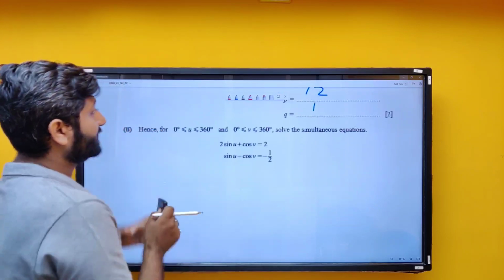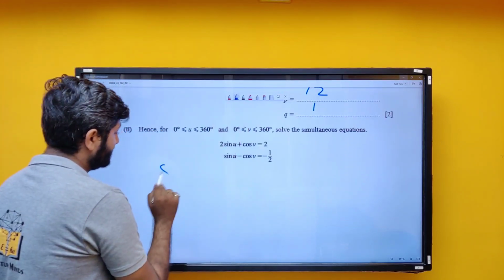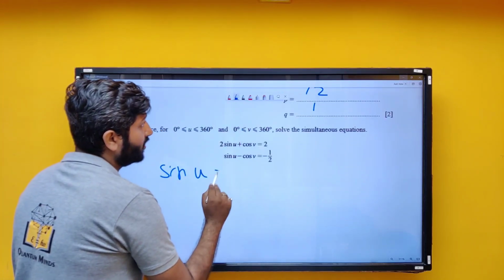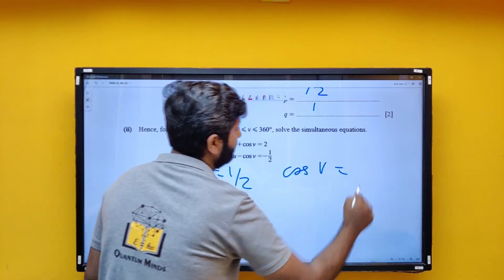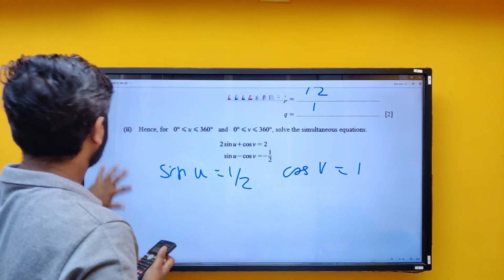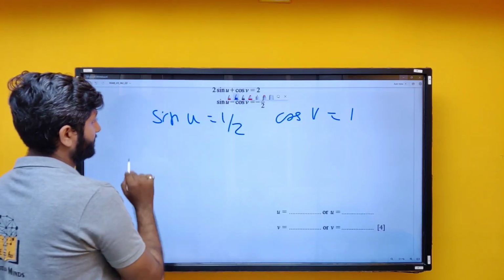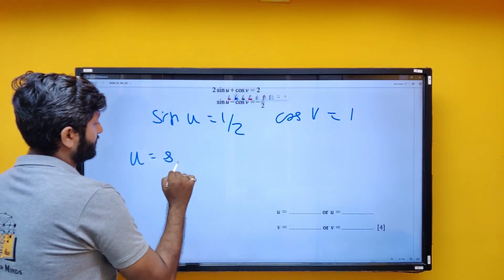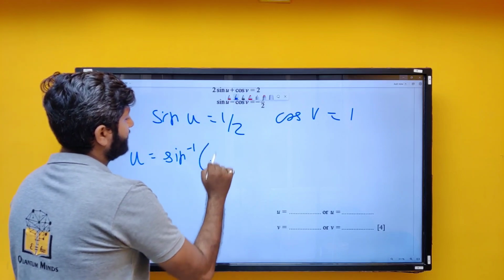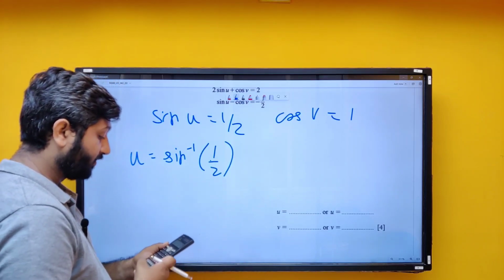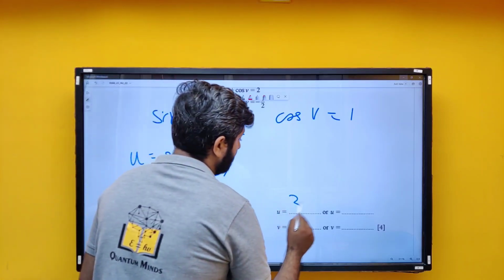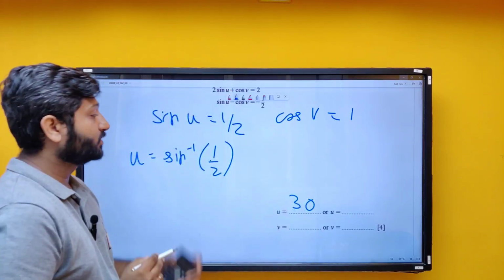So from here I can say my value of sin U will be half and the value of cos V will be 1. So I can say U is sin inverse of half. I think sin inverse of half is 30 if I'm not wrong. Yes, it's 30.